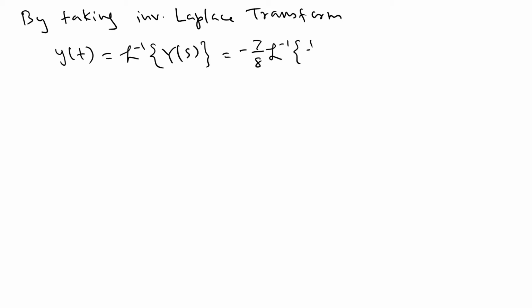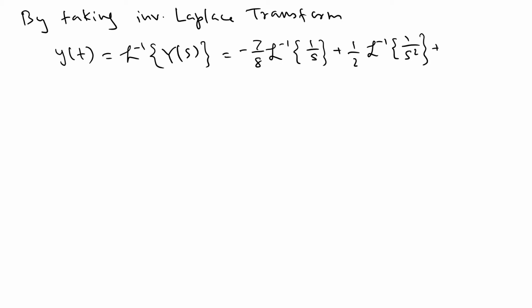we also know that it's linear, so we can take the inverse of each and every one. So your answer y of t is simply the inverse Laplace transform of Y of s. We can do it term by term and pull the constant out. That means negative 7 over 8, that's a constant, and take the inverse of 1 over s, and then pull the constant out, take the inverse of 1 over s squared.